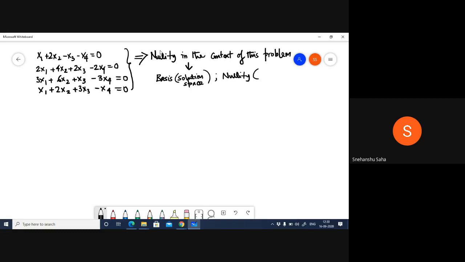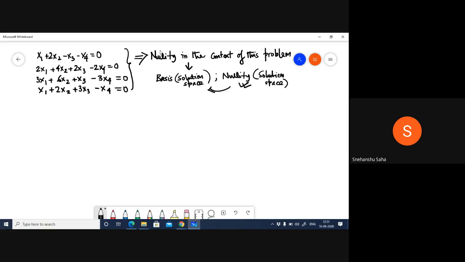Nullity of what? Nullity of the solution space. The second thing follows from the first, because if you find the basis of the solution space, you will know the nullity, because you will know the dimension. You know that what you are doing is R4 to R4, right?